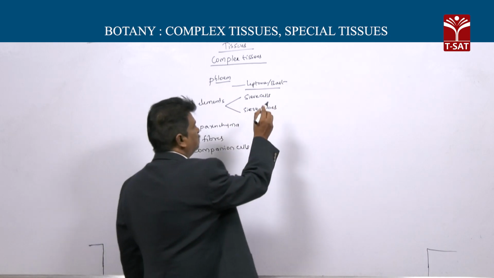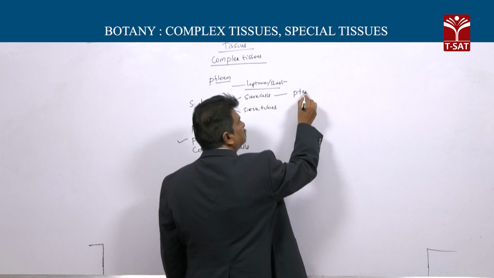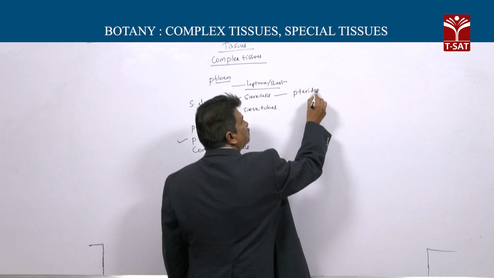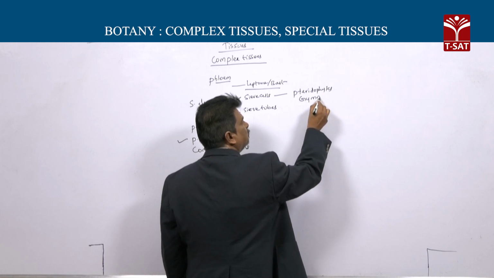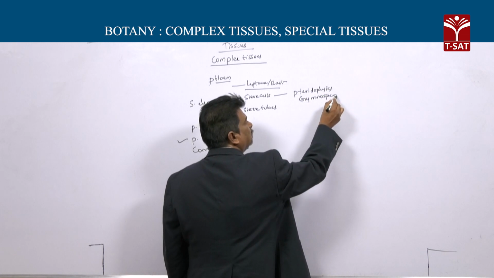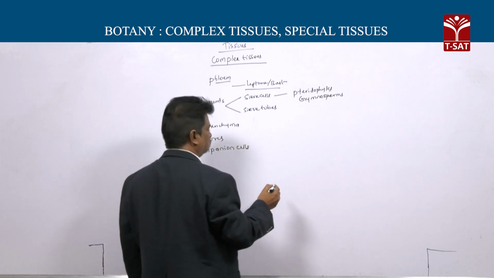And the primitive conducting cells, sieve cells, resemble tracheids in structure. These sieve cells are present in pteridophytes and gymnosperms.